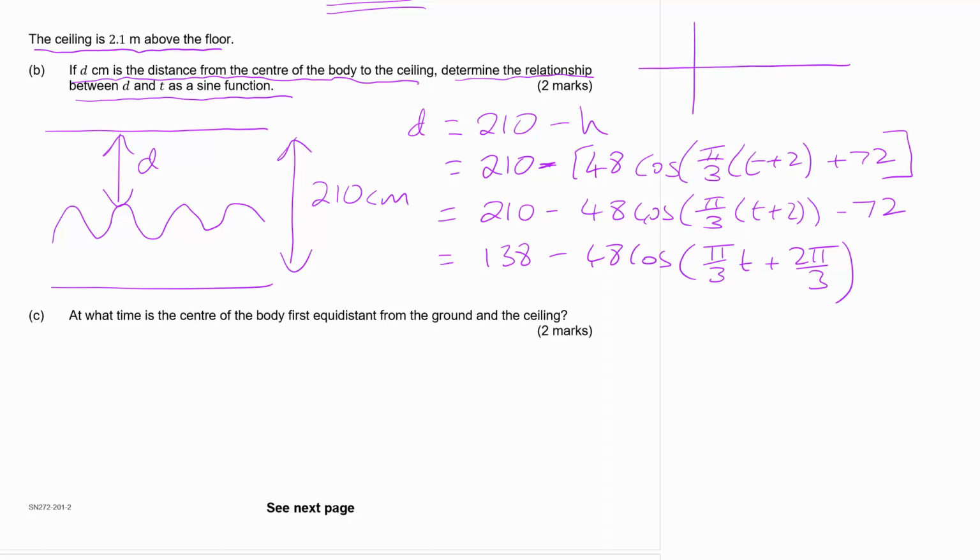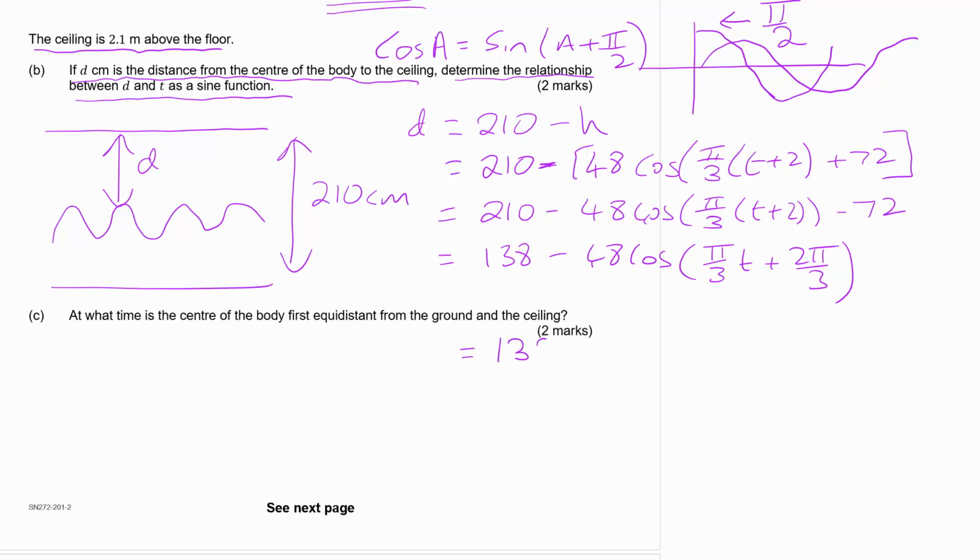Now think about the sine and think about the cosine. The cosine is the sine moved pi by 2 to the left. In other words, cos A is equal to the sine of A plus pi by 2.